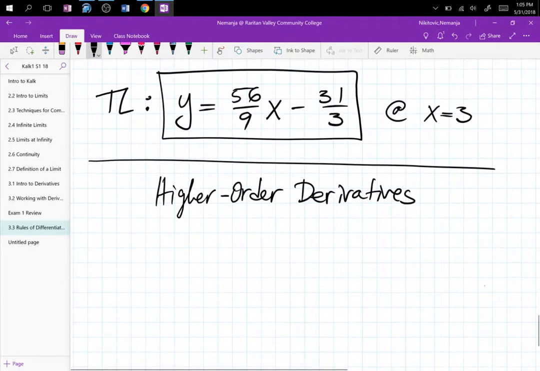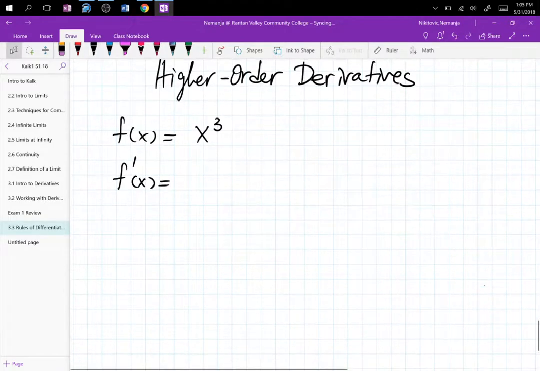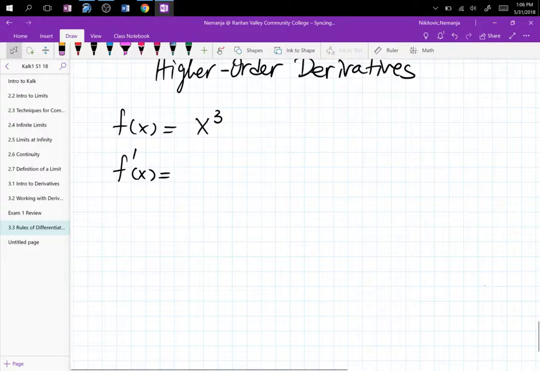So let me give you an example. If I start with f of x, let's say it's x cubed, then the first derivative, which is just one tick mark, we could say f prime, would be 3x squared. And we just use the basic rule we know to take this derivative.